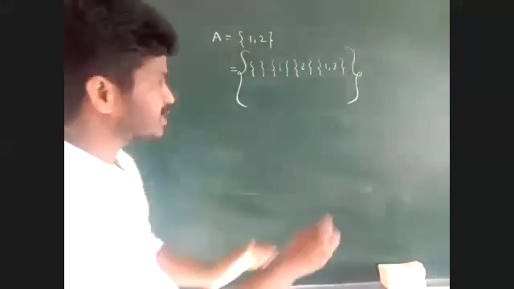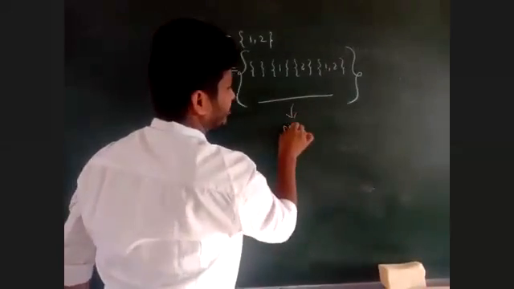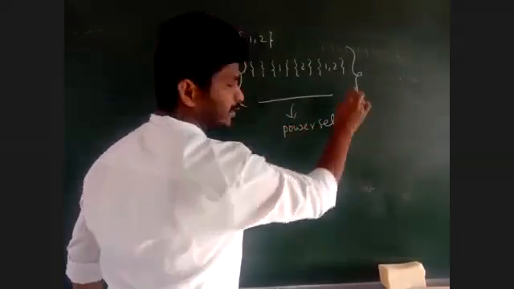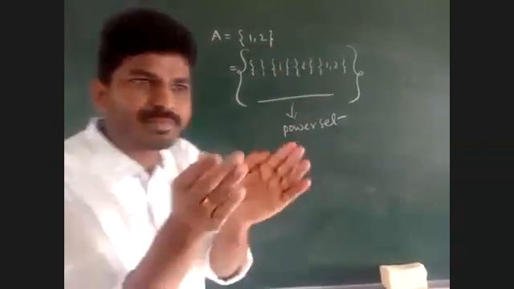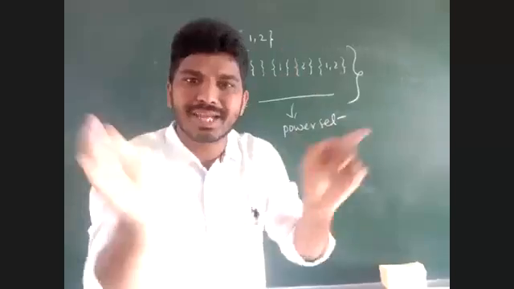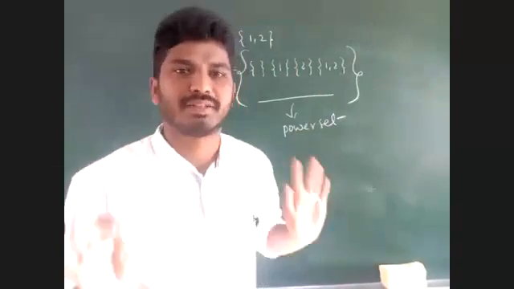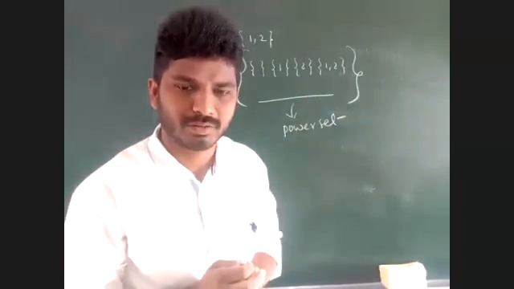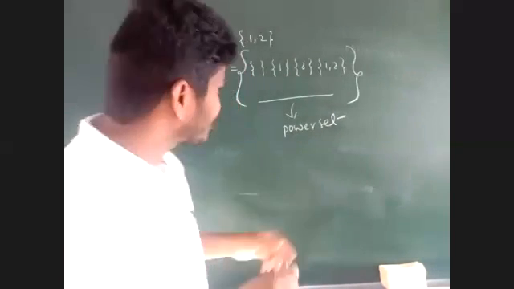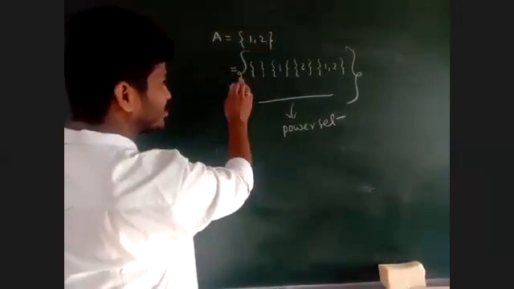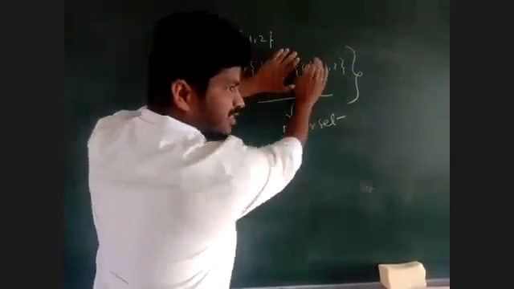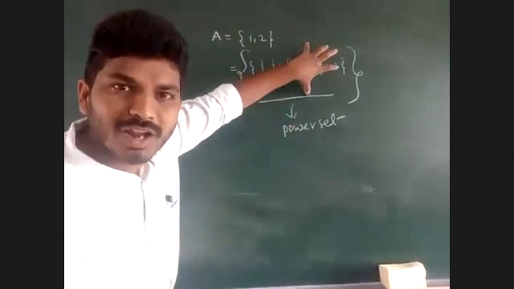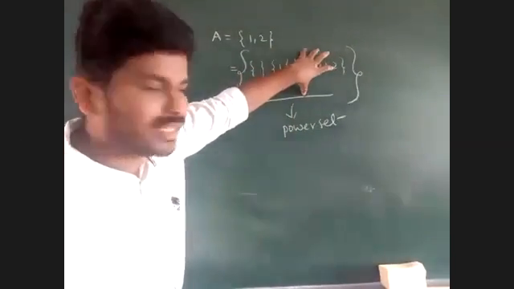The collection of all subsets is called the power set. When all the subsets are written as one set, it is called the power set.